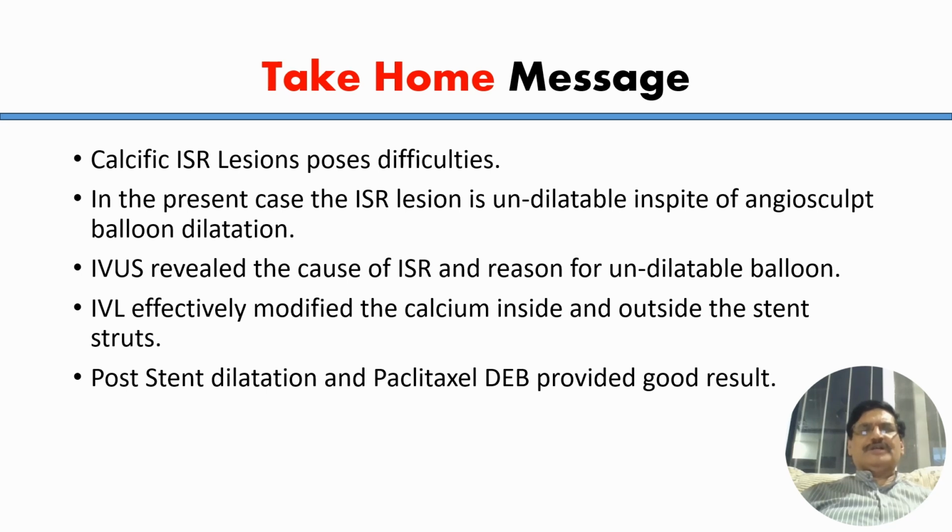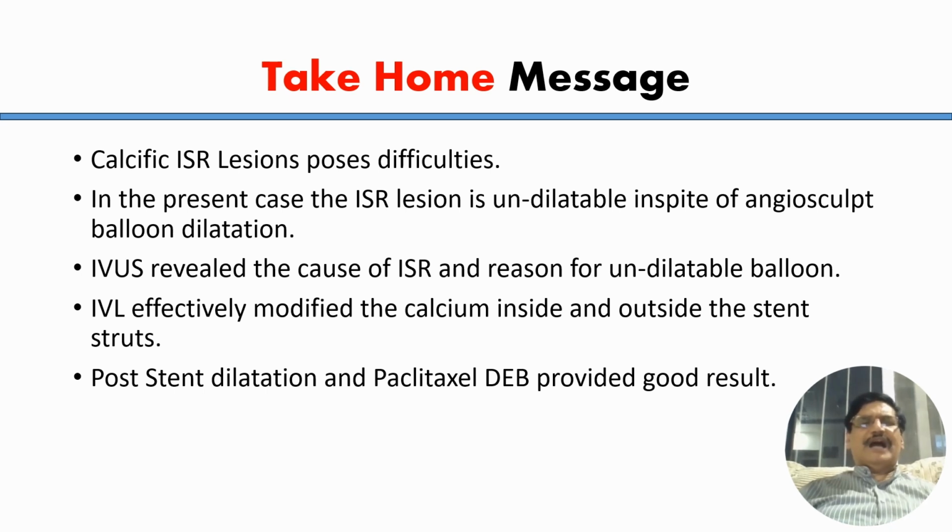So these are the mechanical causes for this in-stent restenosis with calcification. In spite of all the modifying devices like the scoring balloon, NC balloon, as well as the cutting balloon, the residual lesion was still present because of the calcium, which was unmasked, or the mechanism was revealed, by means of IVUS with NIRS.